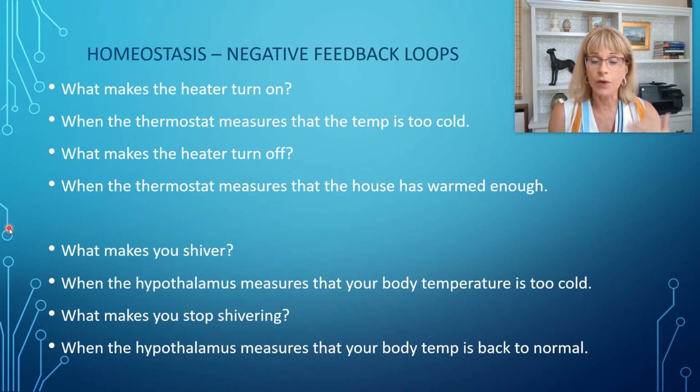Because then you would want the machine that keeps your body from losing more water to turn on. When would you want the antidiuretic hormone to turn off, to be gone? When you just drank a whole bunch of water, right? Now, yes, you can memorize all that, but if you just start thinking in terms of negative feedback loops, you don't have to memorize it. It'll just make sense, okay?